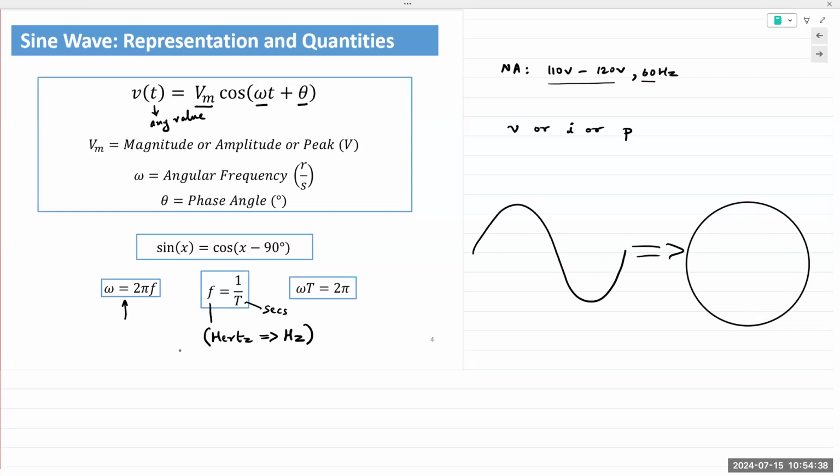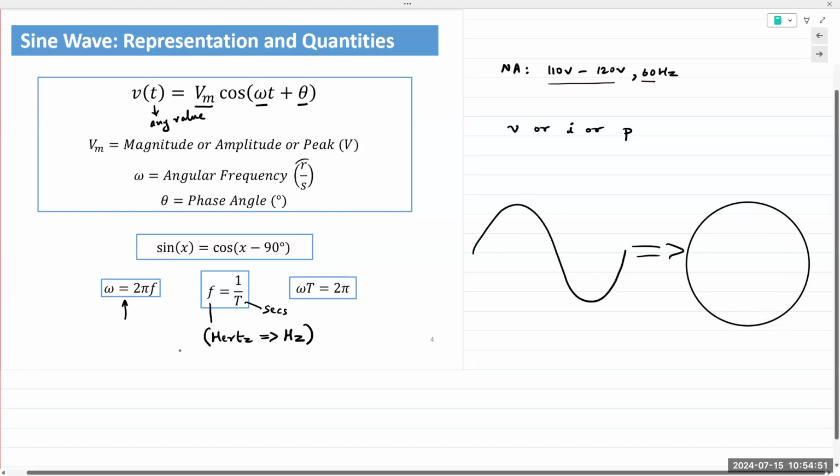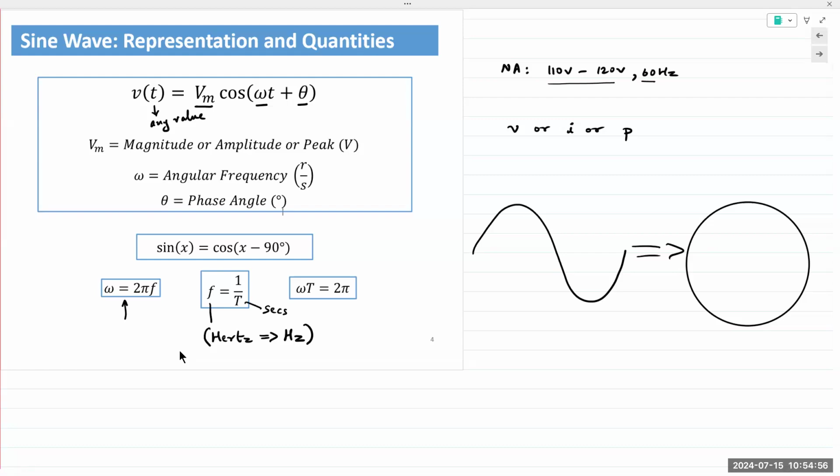So 2 pi basically denotes 1 full circle, 360 degrees. And omega, as I stated, is the angular frequency. It is described by the units radians per second. 2 pi radians makes 1 full circle, hence radians per second. All right, that's a lot of terms, a lot of units. So think over that. Let me know if you have any questions.